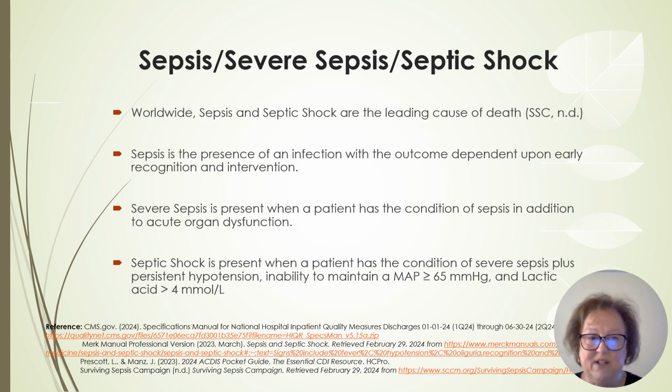Septic shock is present when they have the severe sepsis and the persistent hypotension and a lactic acid greater than 4. Now, others may have different clinical guidelines. It is severe sepsis and septic shock or sepsis whenever you, the provider, the attending provider, document it as such.